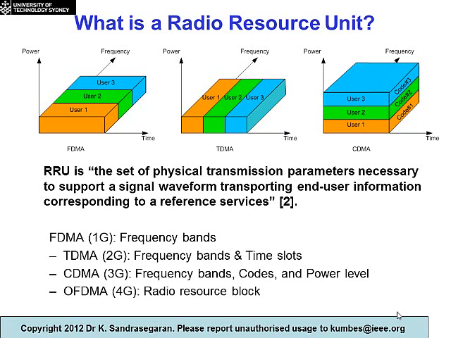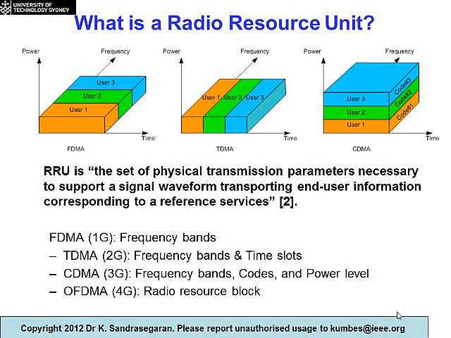When we move to a third generation CDMA based system, the resource we allocate to a user is a frequency band, a 5 megahertz band, and within that 5 megahertz band, we also allocate a code and a power level. Okay, so these make up the resource unit. So these are the set of physical transmission parameters that are needed to specify a radio resource unit completely.